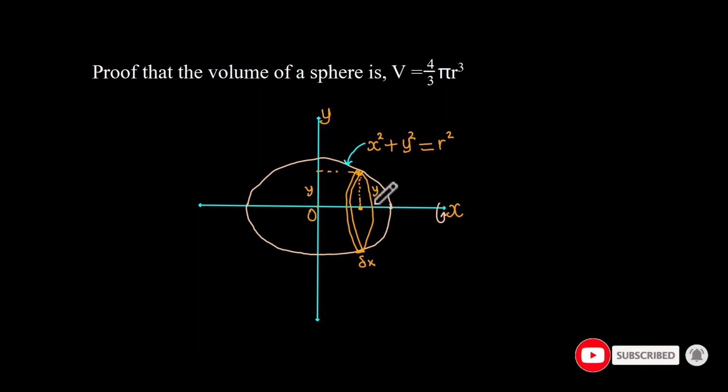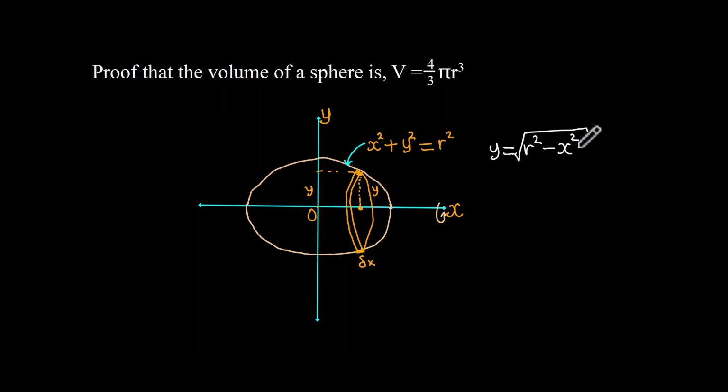So now, since our radius here is in terms of y, we need to make y the subject, and we have y square as r square minus x square. But of course, y is squared, so for us to remove the square, we need to take the square root on both sides. Therefore, y equals the square root of r square minus x square.